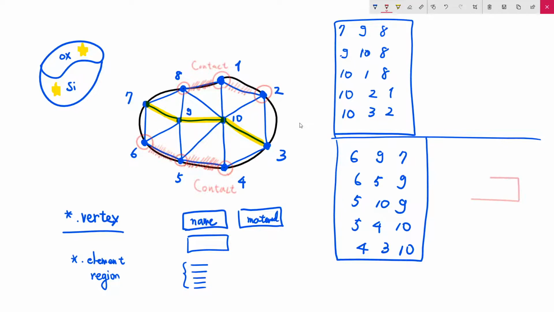For example, if we consider a typical planar MOSFET, then obviously we have to have an oxide region, and also a silicon region. If we divide it in such a way, then that is so simple. You will have just two bulk regions, and after that you will have the contacts here and here and here and here. That is enough for this planar MOSFET.